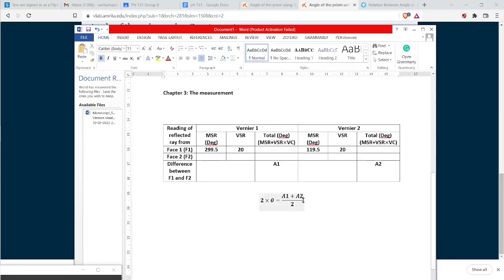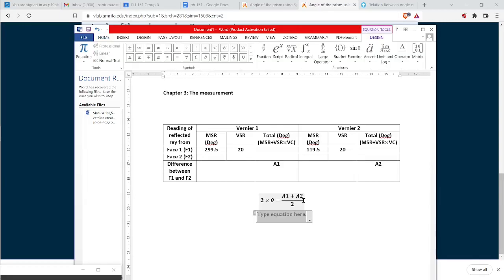So this is your 2 theta value, and if you want to get the angle of prism, A equals simply 2 theta by 2.